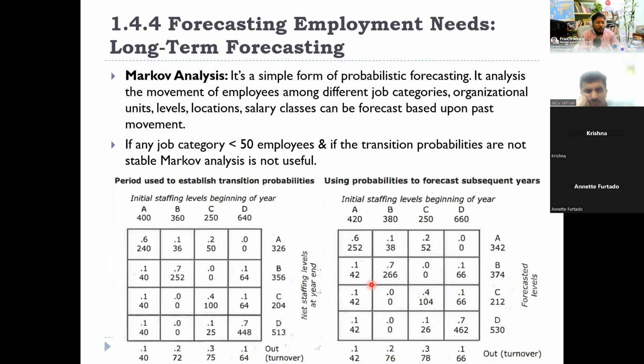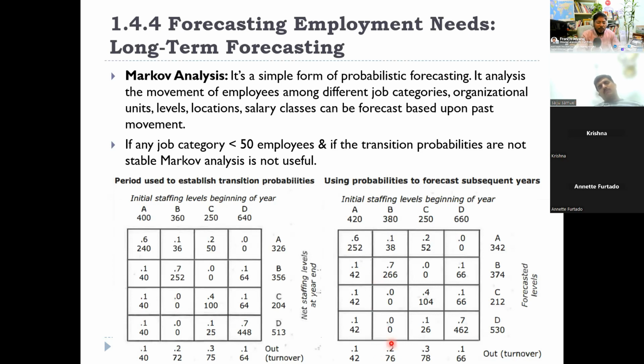So here, for example, initially 420 people are in department A, and the trend: 60% remains there, 10% moves to B, 10%, 10%, 10%. Based on that you predict what the scenario will be.